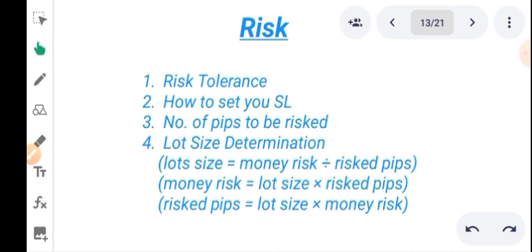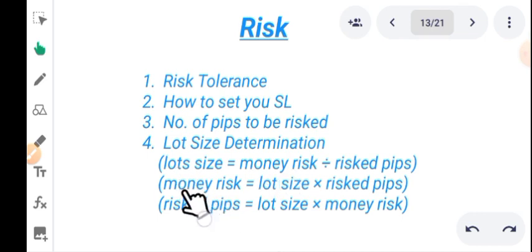That number of pips between them is what we call risk. That's the pips you are risking. So divide the money you want to risk by the pips you are risking, and you are going to get your lot size.